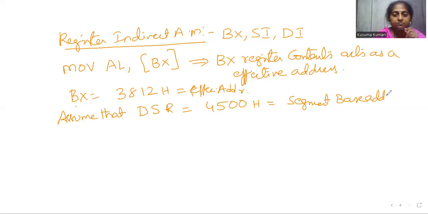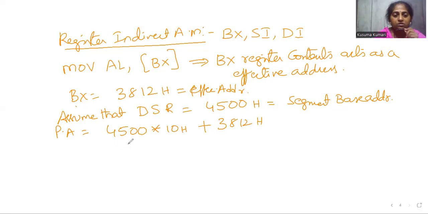Now, how to calculate the physical address? Physical address is equal to segment base into 10 hexa plus effective address. What is the effective address? 3812 hexa.